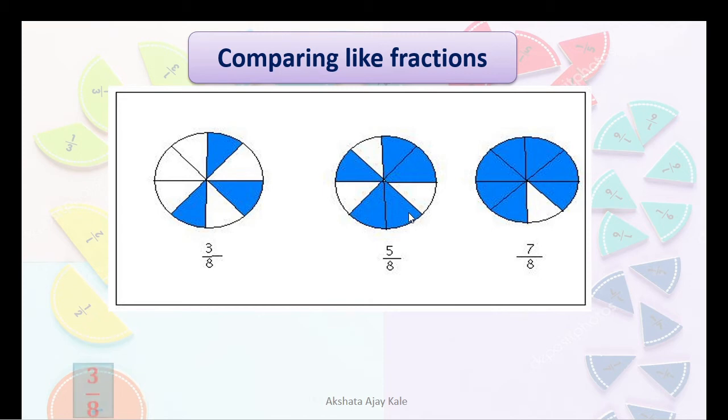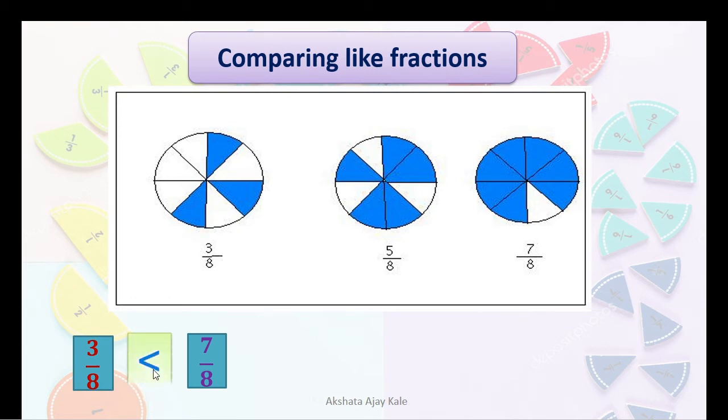Okay? See, this is 3 upon 8, means 3 parts are shaded among 8 parts. Now 7 upon 8, see this figure. 7 parts are colored out of 8 parts. Come on, tell me which is bigger, 7 upon 8 or 3 upon 8?